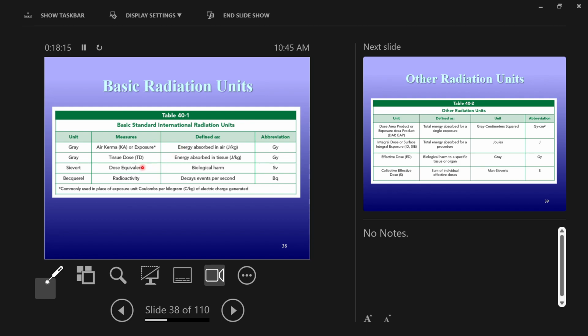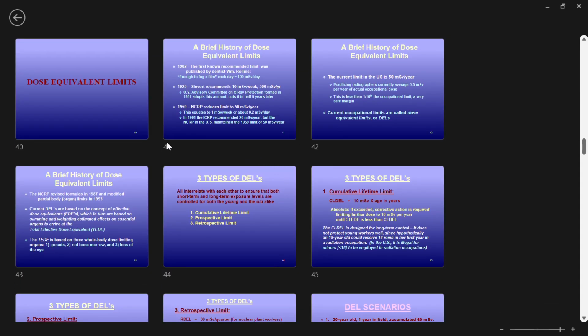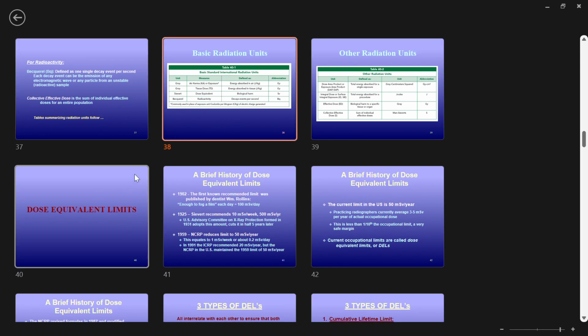The sievert can tell you biologic harm. And the becquerel can tell you how many decay events are happening, basically the amount of radioactivity some substance has. Okay, so if you see something expressed in becquerels, you know it's a radioactive source. You know it's telling you something about its radioactivity. And you know now that the becquerel is a single decay event per second.